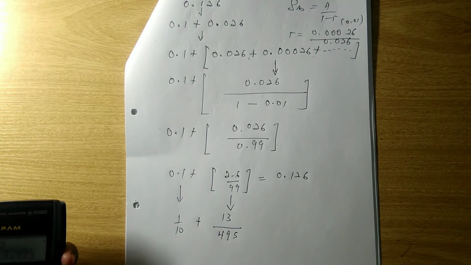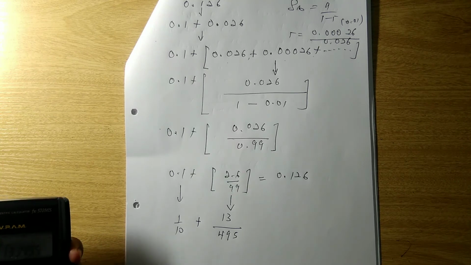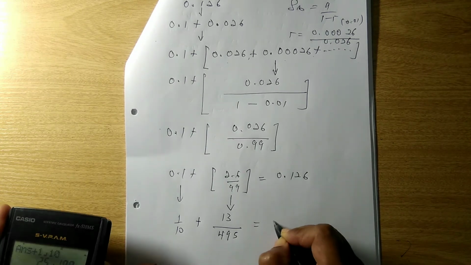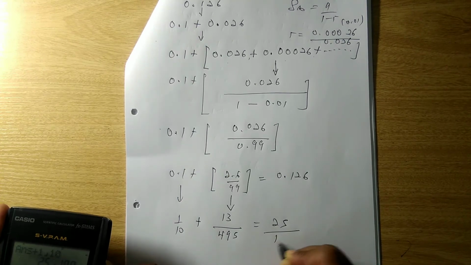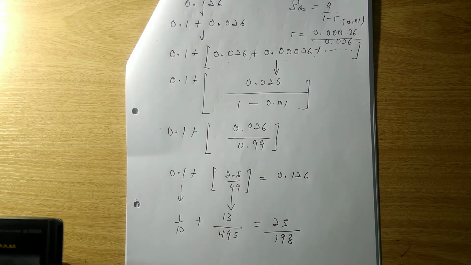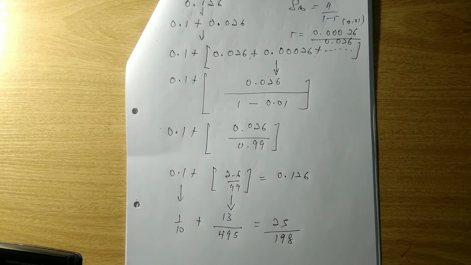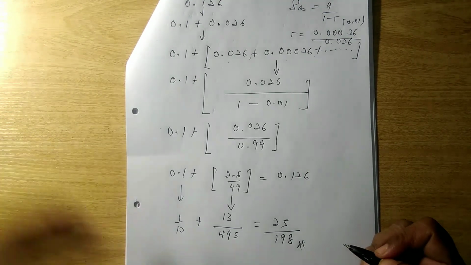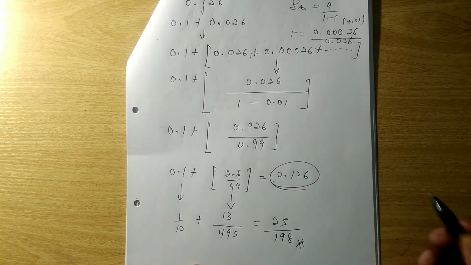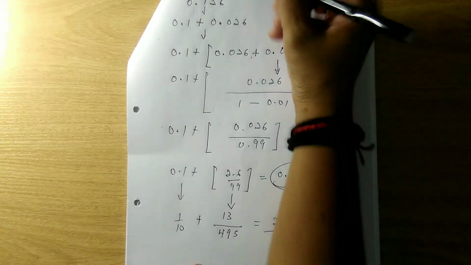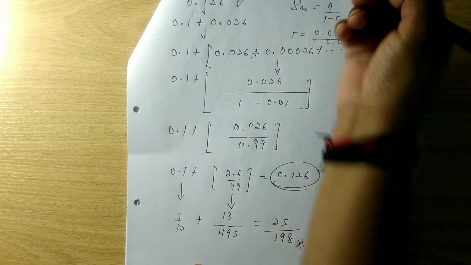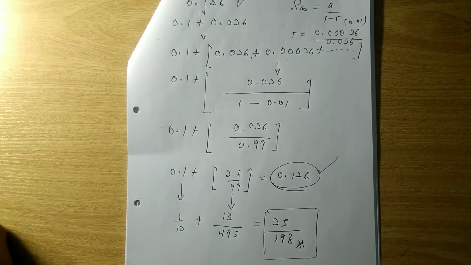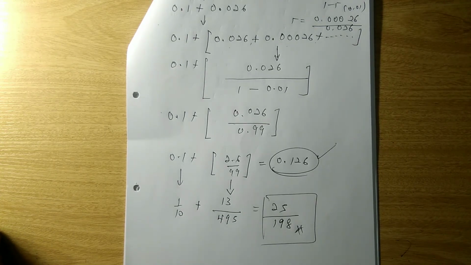Okay, so plus 1 over 10 will actually give me 25 over 198. Okay, this is in the form of a fraction. Notice this is the same as our question here, they would prefer us to convert it to the form of a fraction.